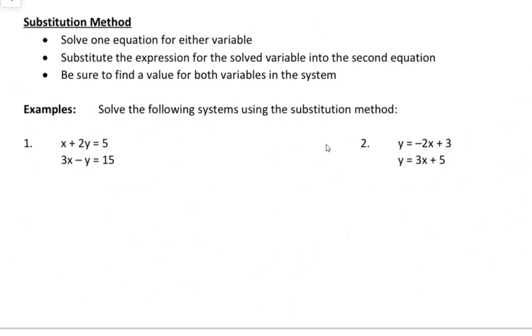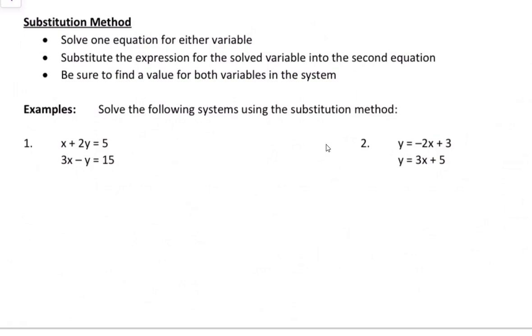And to do that, what I want to do is pick a variable that has a coefficient of 1, because then I don't have to divide, which means that what I'm substituting isn't necessarily going to contain an algebraic fraction. So remember too that when you're solving, you're looking for a point where these two lines intersect. So that means my answer should be an ordered pair. So don't forget to find both x and y.